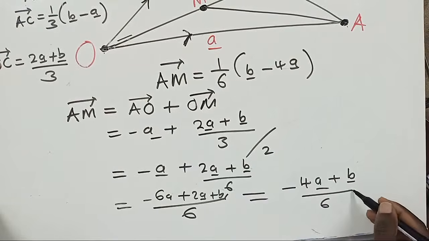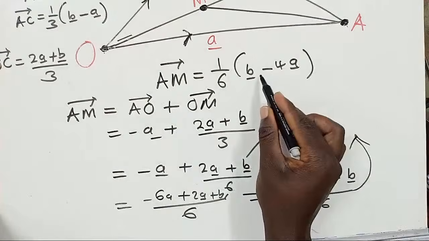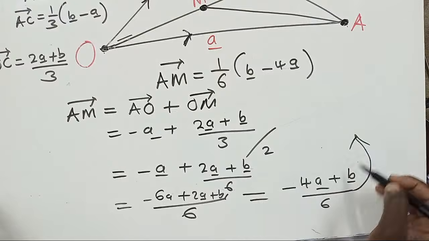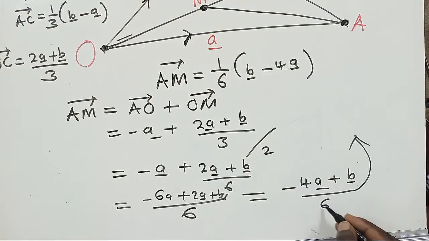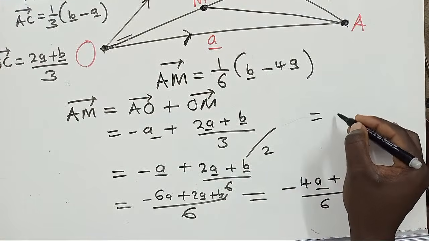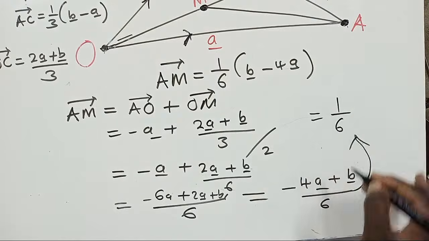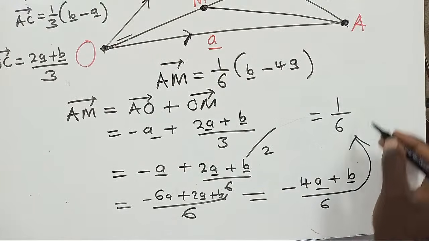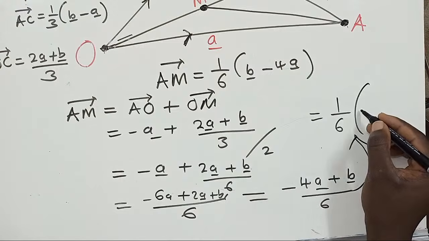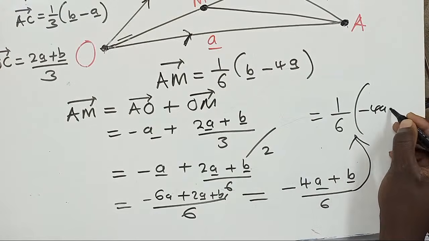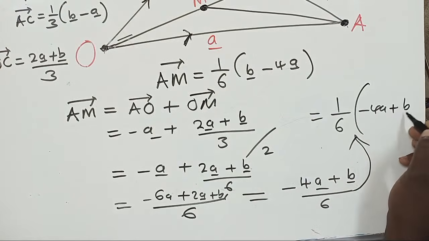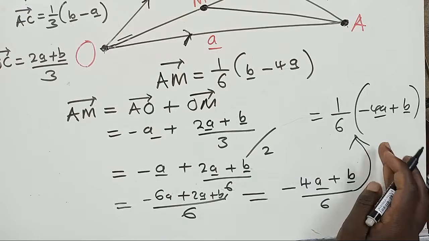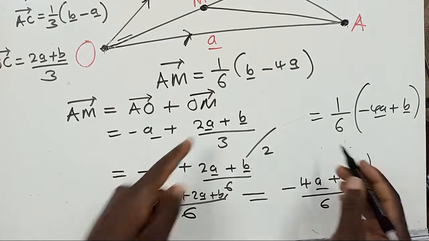We want to make this look like this. So from here, we can factor out 1 over 6. We know this 6 is down here, so 1 over 6 comes out of the brackets. We remain with negative 4A plus B right there, like this. You see the way it looks? Almost like this.